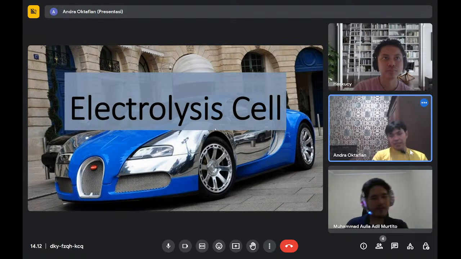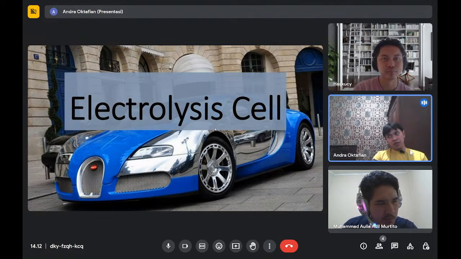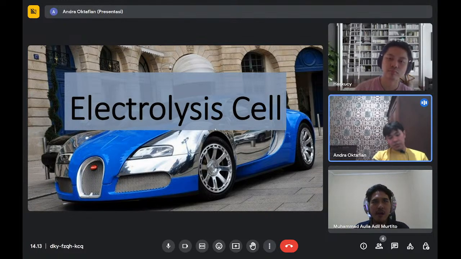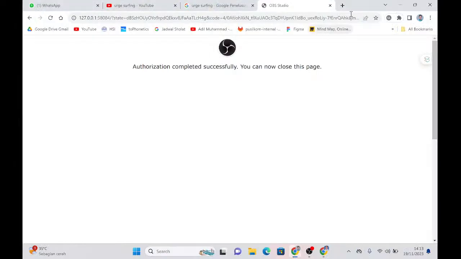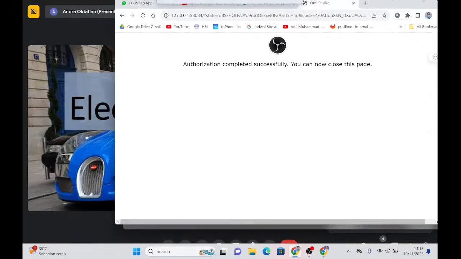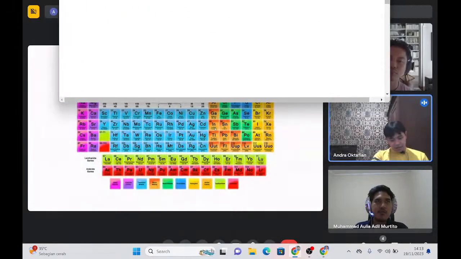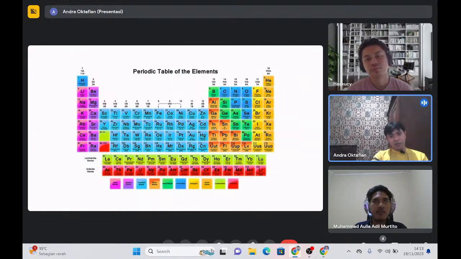We already learned how to calculate the voltage of compounds or electrodes in a voltaic cell, and how to write the cell notation. Now we face the electrolysis cell, and this is the periodic table of the elements.